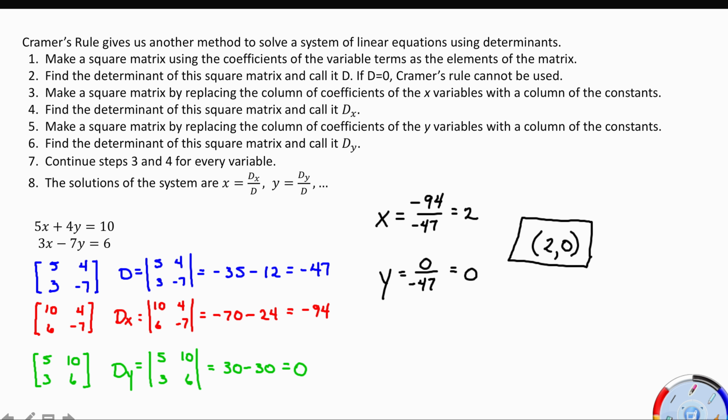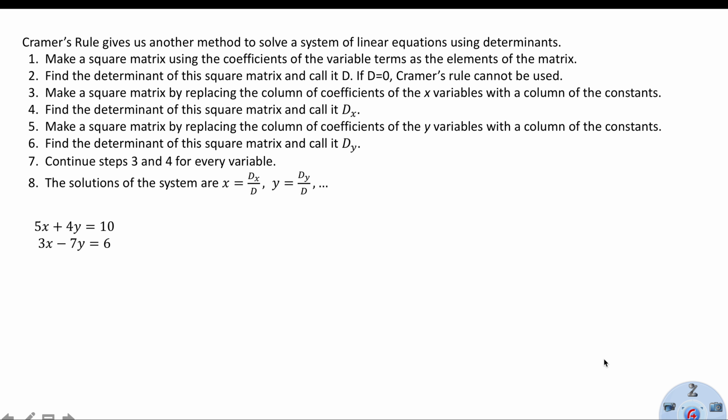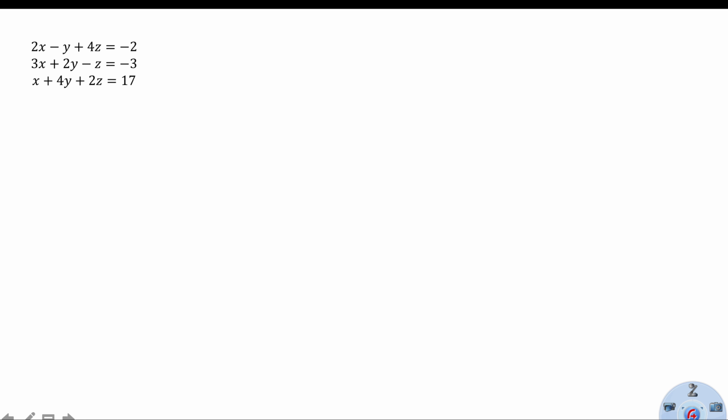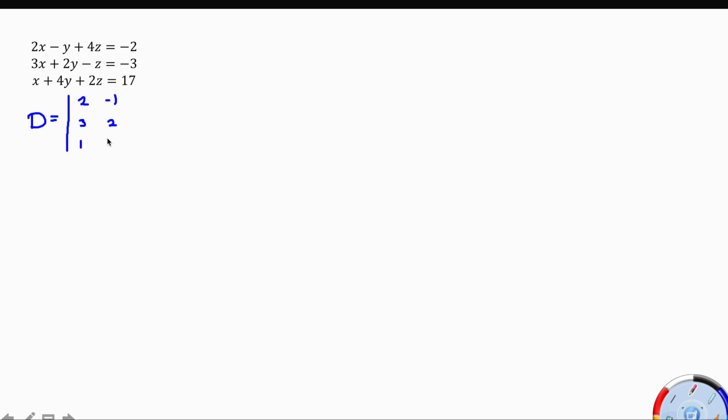Okay, so let's try that again. This time, let's do a system of 3 equations. So the first thing I want to do is find the determinant D for the square matrix formed by the coefficients of my variable terms.